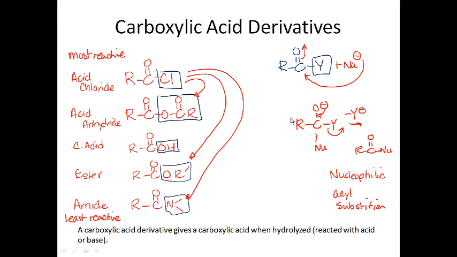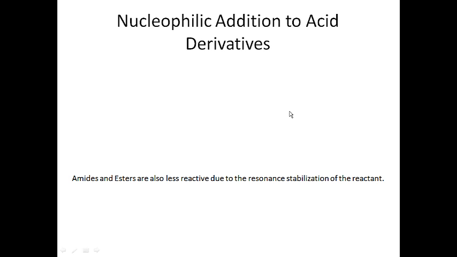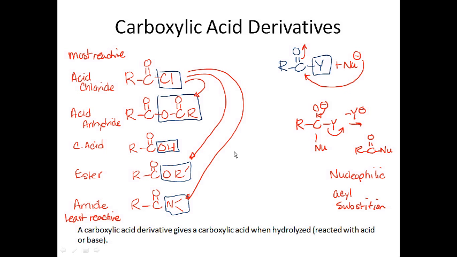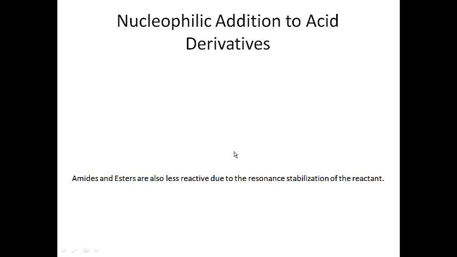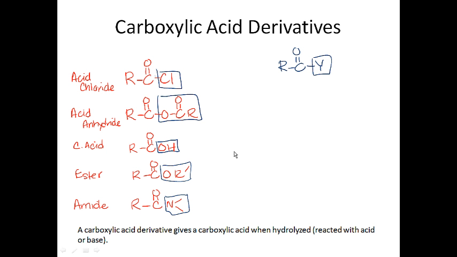So this mechanism was going to go on this slide. And then the amides and the esters are also less reactive due to their resonance stabilization, which is on this slide. So even though I planned these slides out, I'm still freewheeling here, so I've already talked about these two things. So now I'm back to my carboxylic acid derivatives.